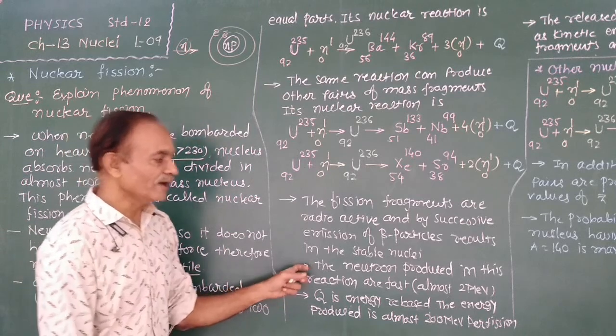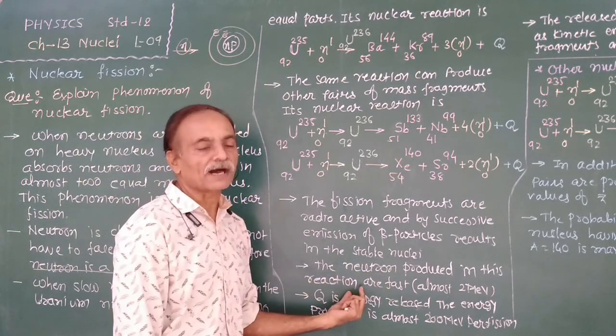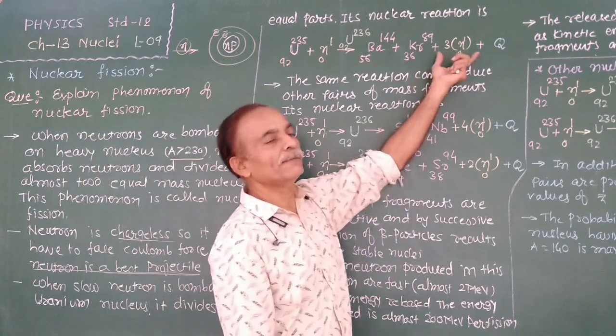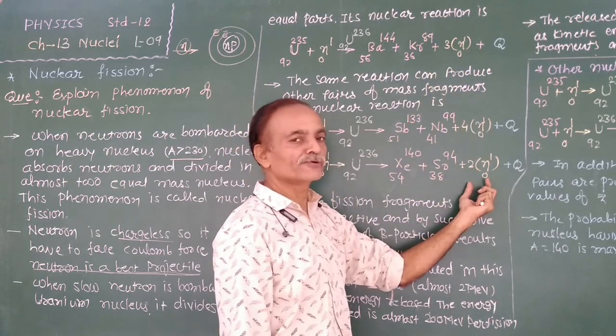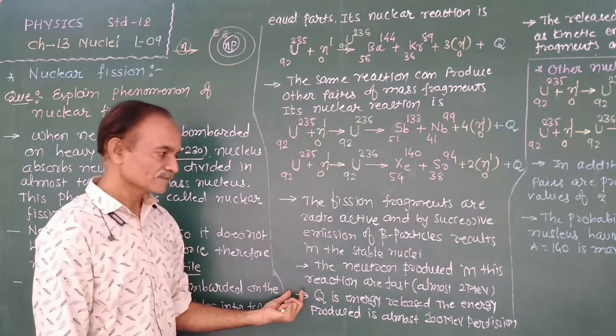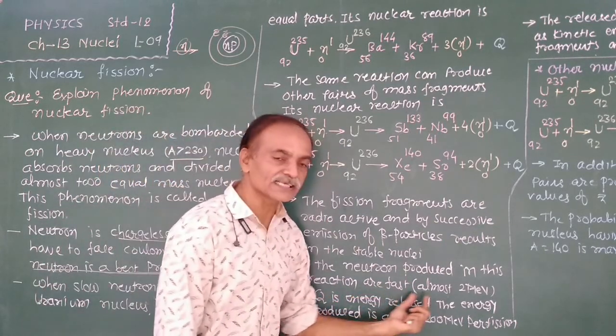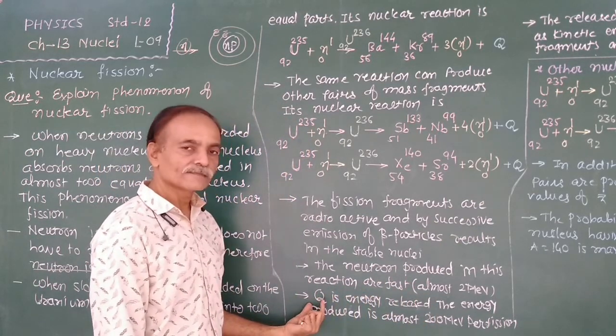Now, the neutrons produced in this reaction are fast. What neutrons are produced as a product? Here 3 neutrons, here 4, here 2 neutrons are very fast, having energy of almost 2 MeV.